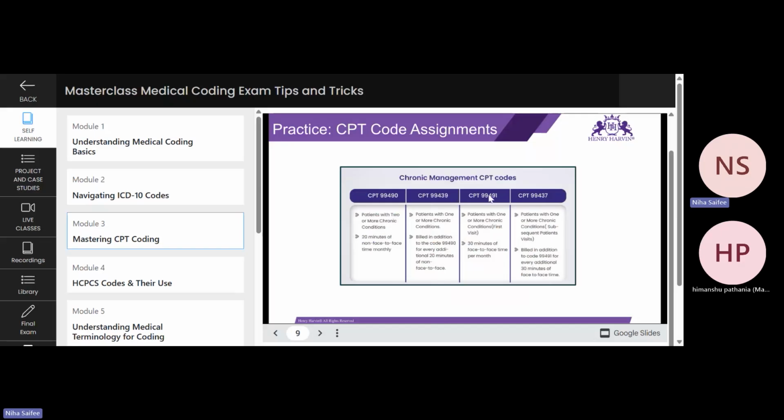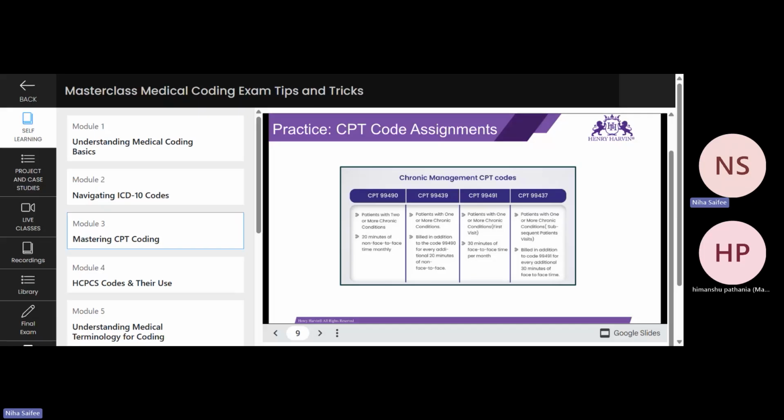Chronic care management CPT codes. Here we have different codes. 99490: patients with 2 or more chronic conditions. Whenever we talk about CPT codes, time duration is also taken into account.